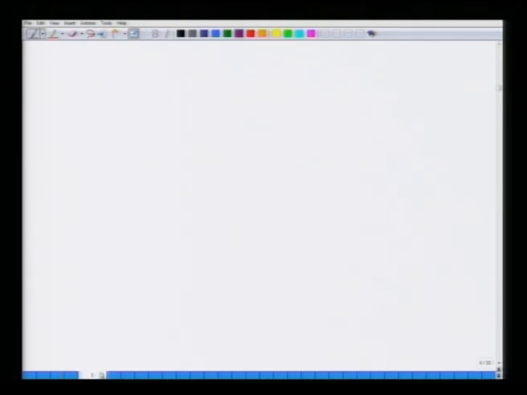So, now let me rewrite this over here: W bar Hermitian H bar x plus W bar Hermitian N bar. Let me compute the signal to noise ratio.